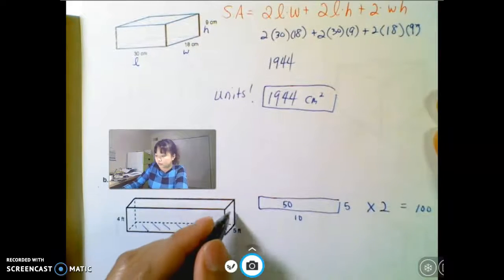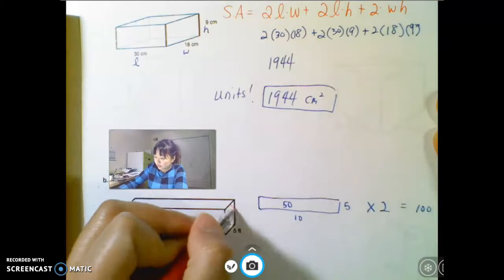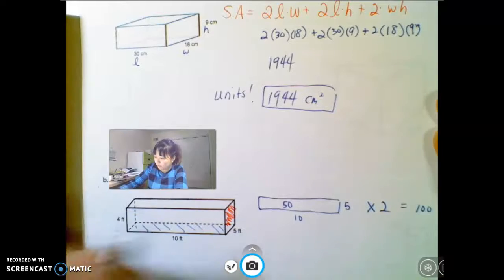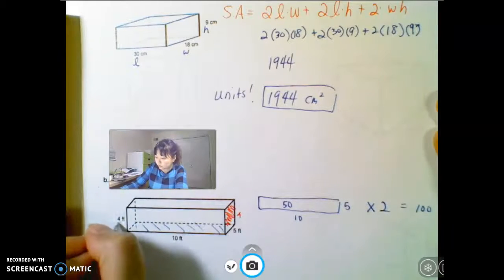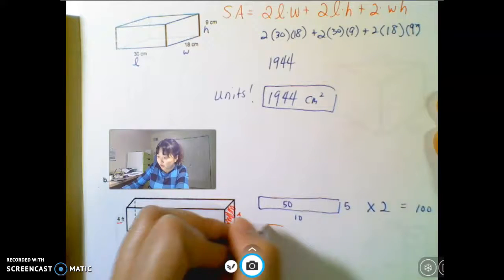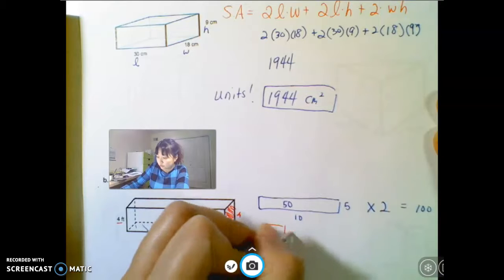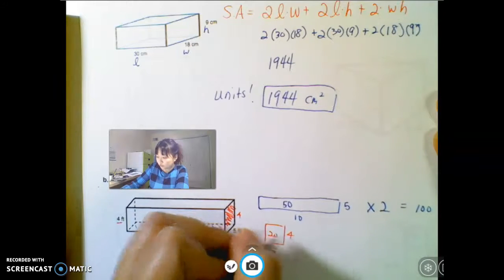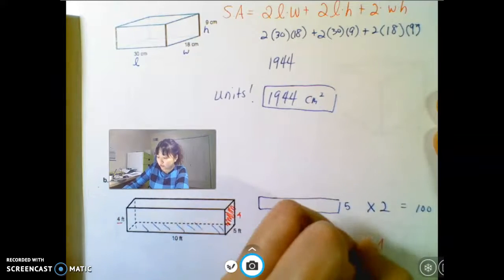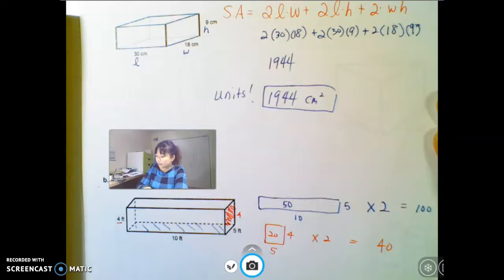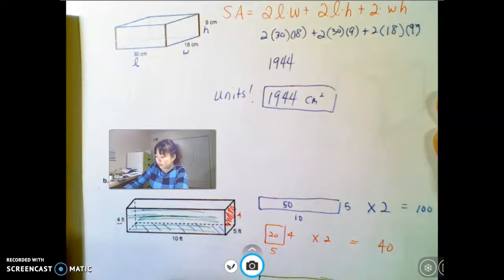What else? Up the side. This one. 5 by 4, because it says 4 right here. So there'd be 2, 5 by 4, so that's 20, but there'd be 2 of these too, so that'd be 40. And then there'd be 2 front, right? And the front would be long, 10, and then height, 4.